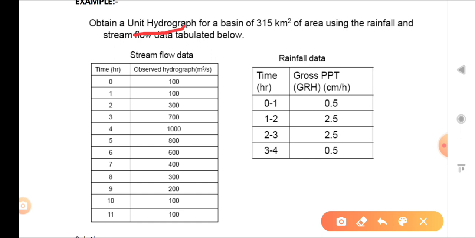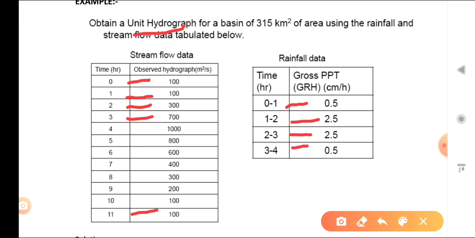They have given data for time 0, 100, 100, with the unit in meter cube per second, then 300, and similarly 11, 400. Rainfall data is also given: for 0 to 1 hour it is 0.5 centimeter per hour, then 2.5, then 2.5, and then 0.5.